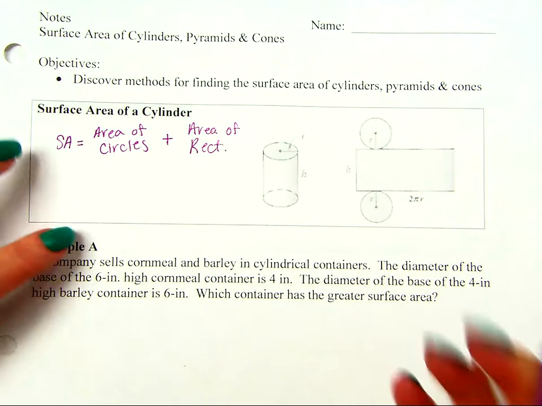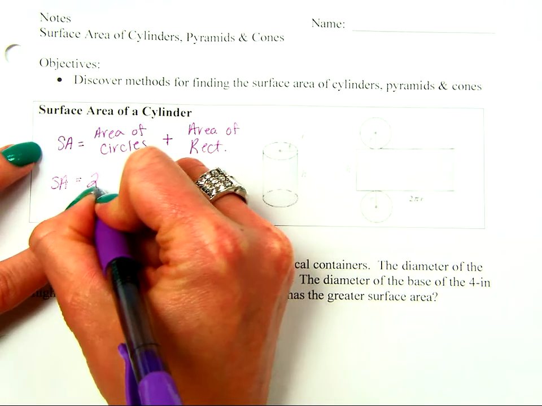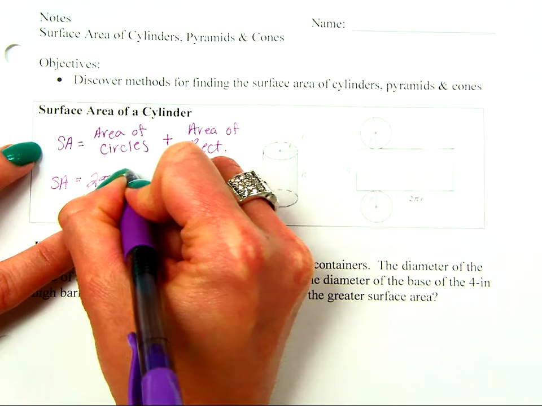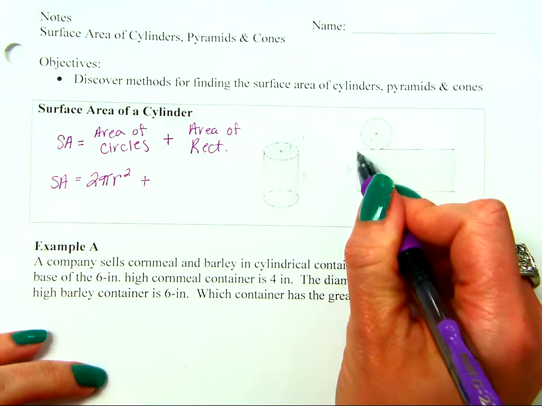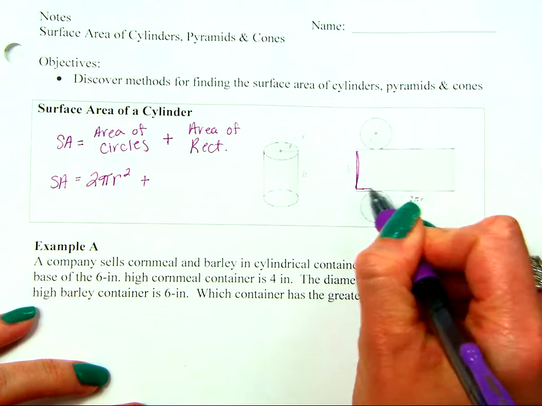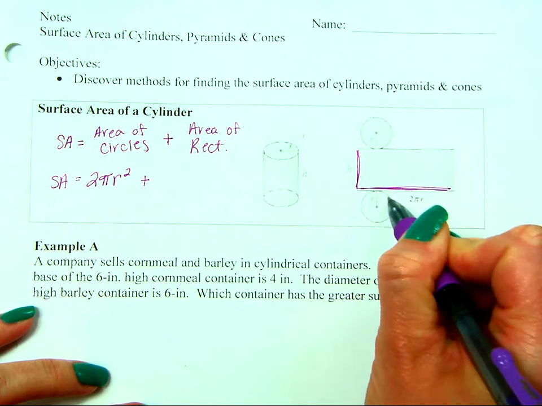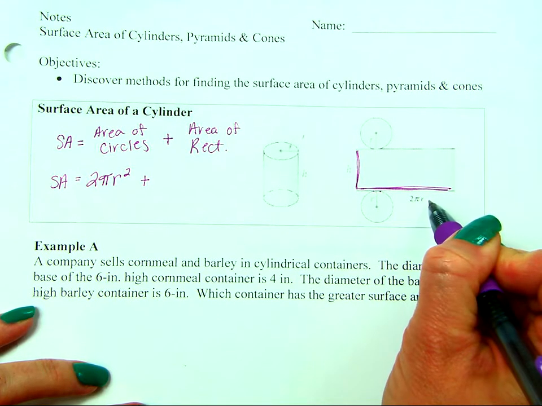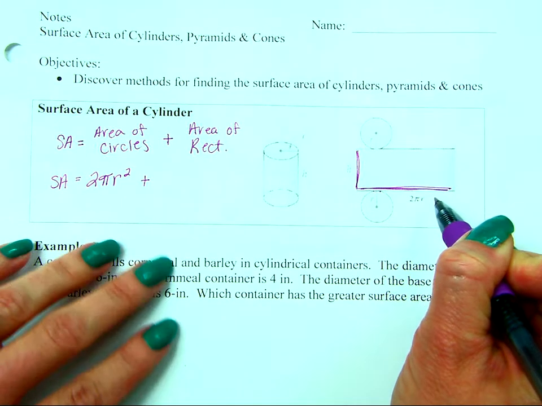In our case, we have two circles, so we're going to have 2 pi r squared. Now, our rectangle: we know the area of a rectangle is base times height. In our case, the height is h, and the base is what has to wrap around my circle. So my base is actually equal to the circumference, which is why we express that base as 2 pi r.